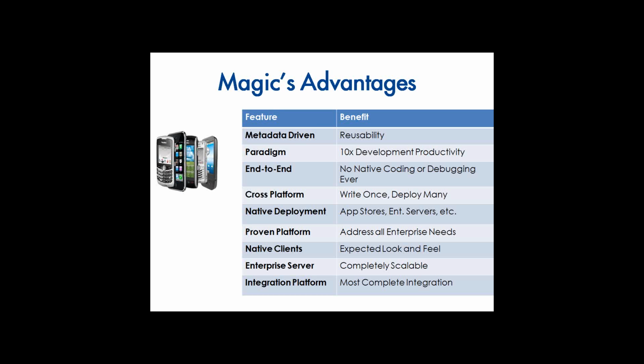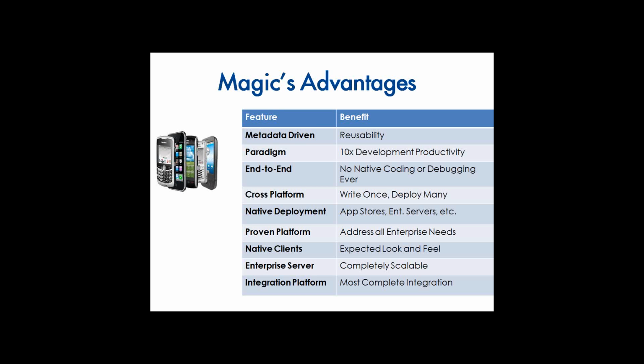So Magic's advantages as a Meet platform is that we're entirely metadata driven. Everything's reusable. You have this great 10x in development productivity. There's no native coding or debugging ever required. You're able to take advantage of the write once deploy many approach.